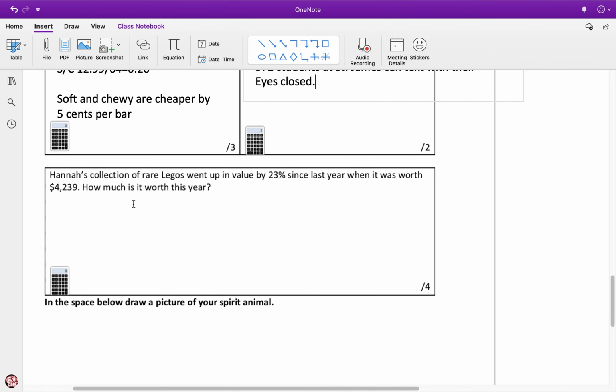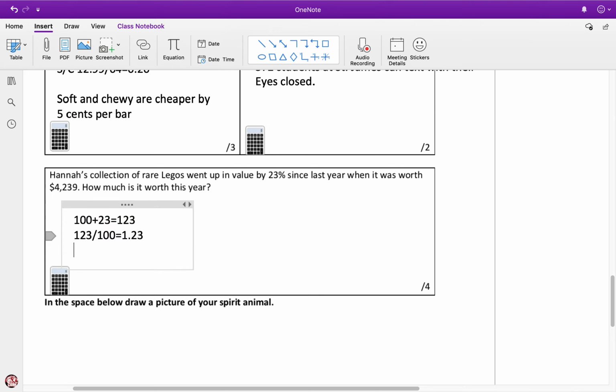Lastly, so our Lego collection went up in value by 23%. So if I consider her Lego collection to be 100% value, I add 23% to it, I'm now at 123%. So I'm going to change that into a number. I'm going to divide that by 100, which equals 1.23.